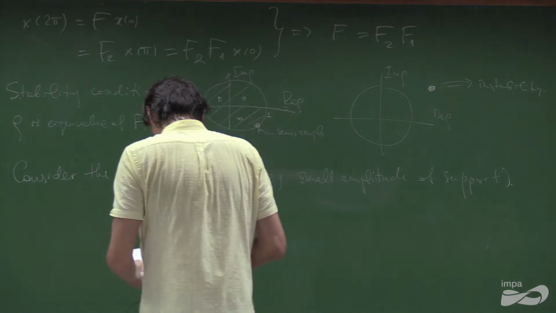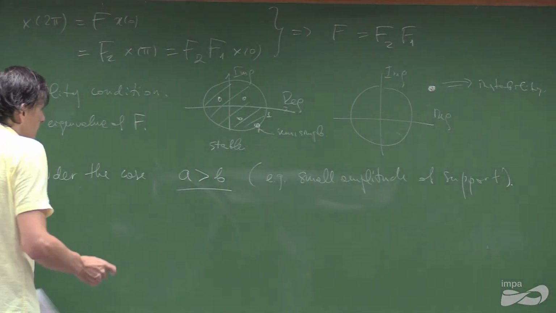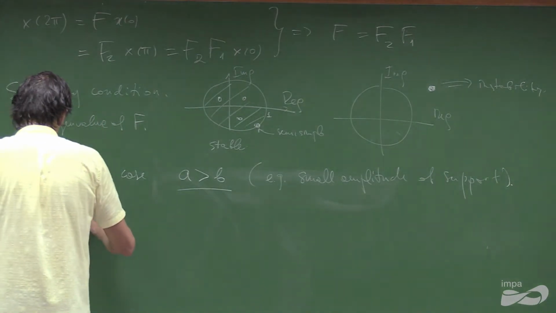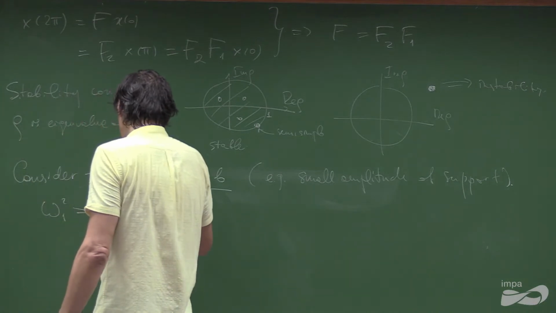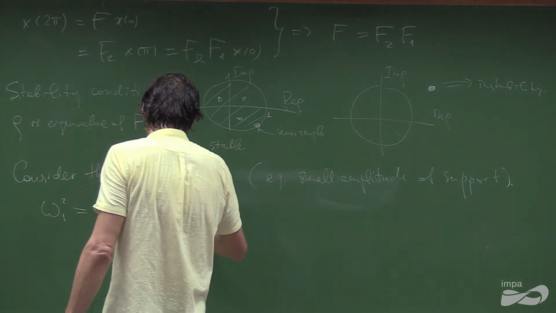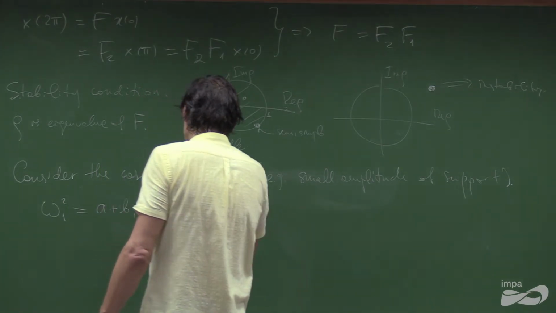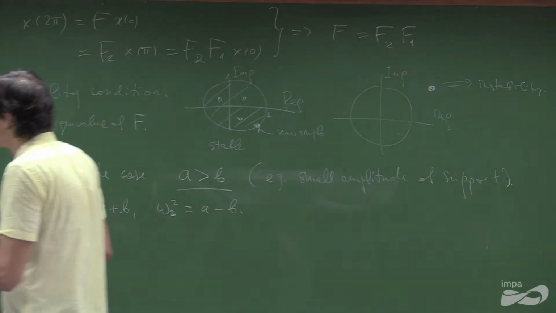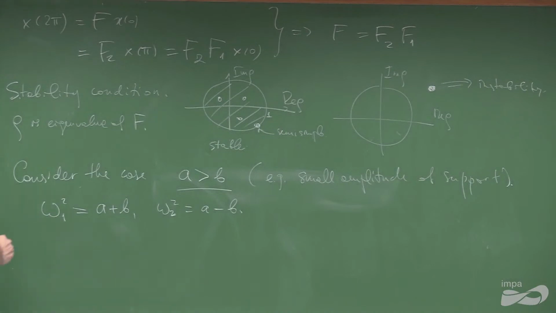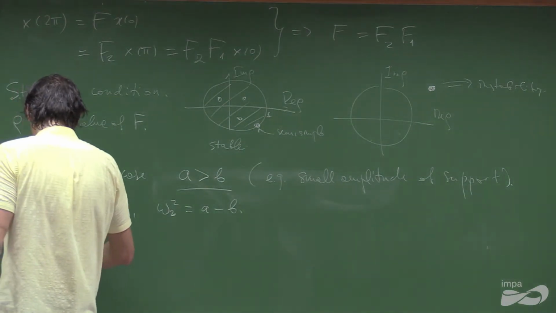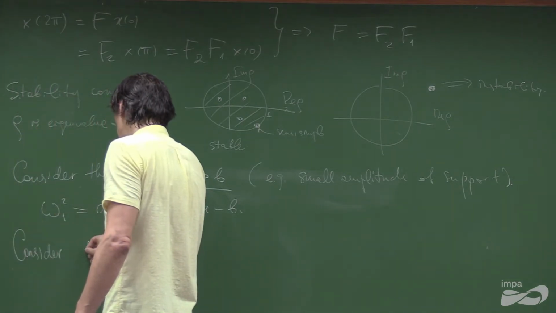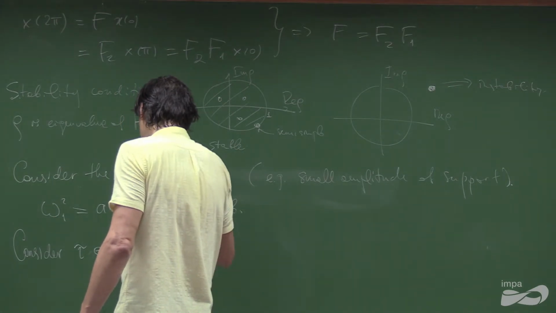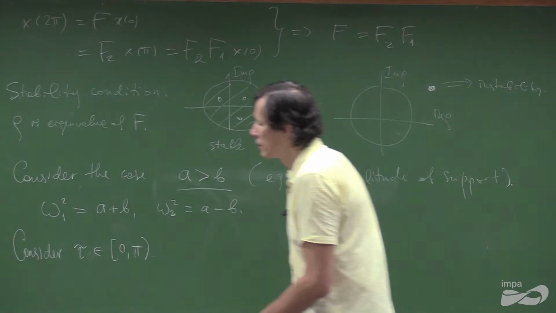Good. So what then? Then A plus B and A minus B are both positive. So we can define omega 1 squared as A plus B and omega 2 squared as A minus B. Both are positive for this case. And then we consider the situation when time is between 0 and pi, the first half a period.